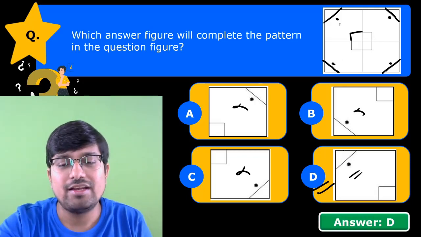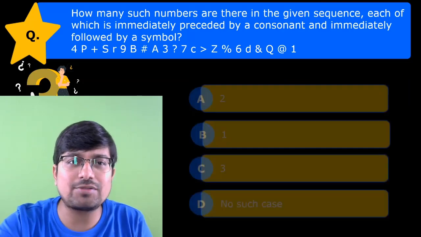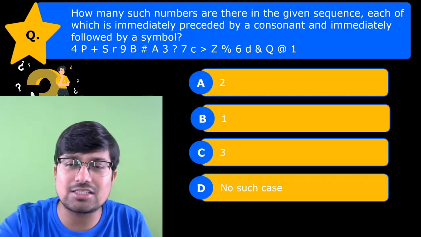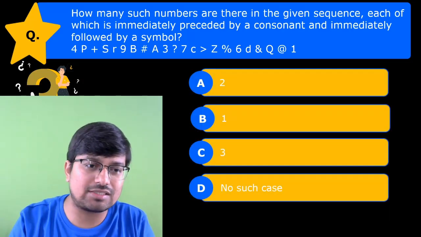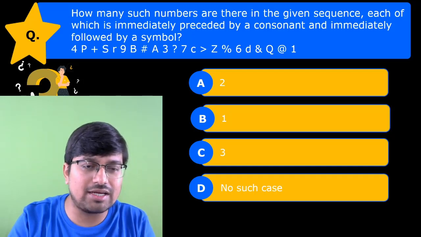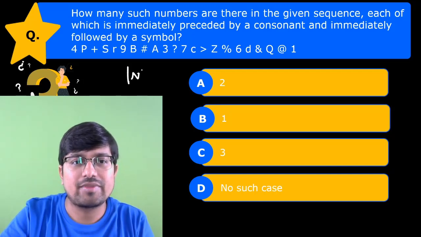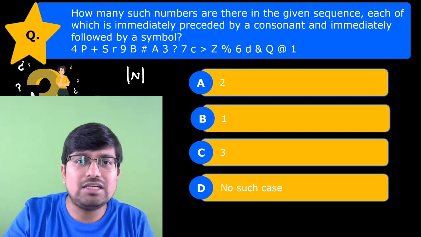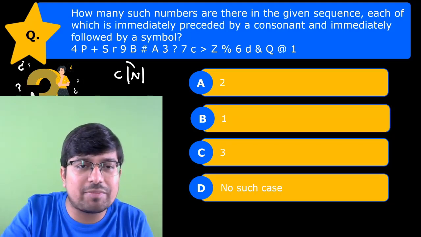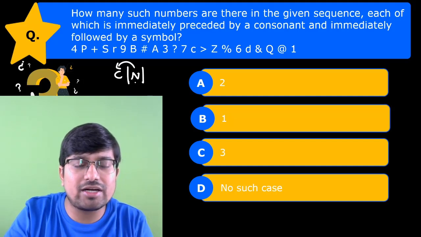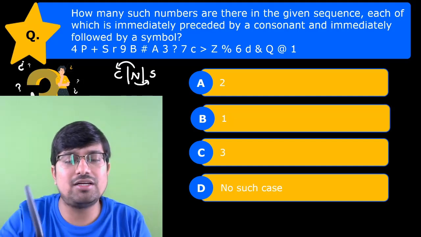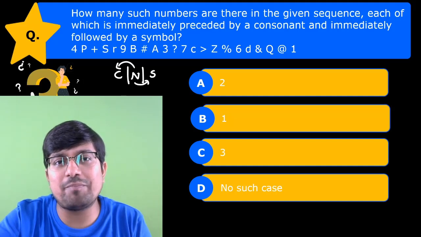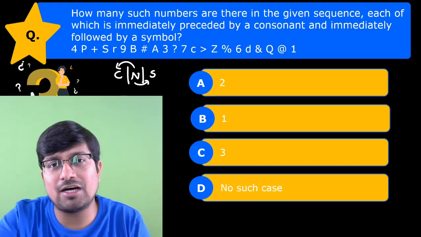Correct. Next. अब यहां पर आपसे पूछा जा रहा है, how many such numbers are in the given sequence? ऐसे कितने नंबर्स हैं इस सीक्वेंस में? How many such numbers are in the given sequence, each of which is immediately preceded by a consonant and immediately followed by a symbol? My dear students, preceded का मतलब पहले आना, followed का मतलब बाद में आना.